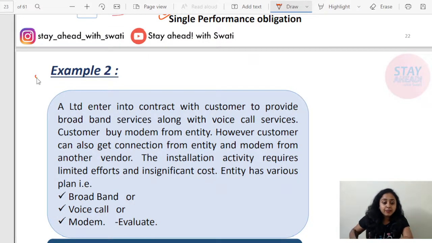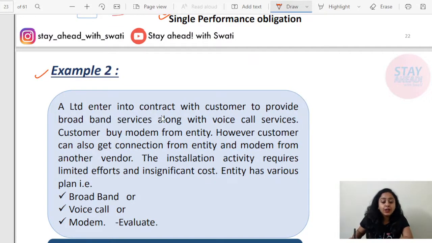Another example. A Limited enters into a contract with a customer to provide broadband services along with voice call. The customer buys a modem from the entity. However, the customer can also get the connection from the entity and the modem from another vendor. This means these are not dependent on each other, that you have to buy the modem and the connection from one company.